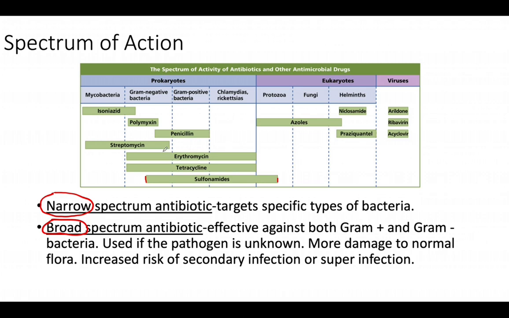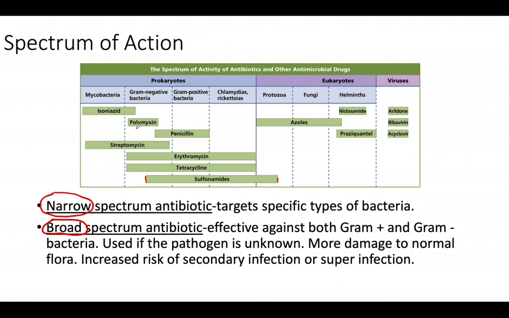The same goes for these 3 bars here: streptomycin, erythromycin, tetracycline. Those are all protein synthesis inhibitors, and they are pretty wide as well. They can impact a variety of different types of bacteria, so they would be classified as broad spectrum. But if you look at this one, it's a pretty short bar from left to right, and it's only in this category of gram-negative.